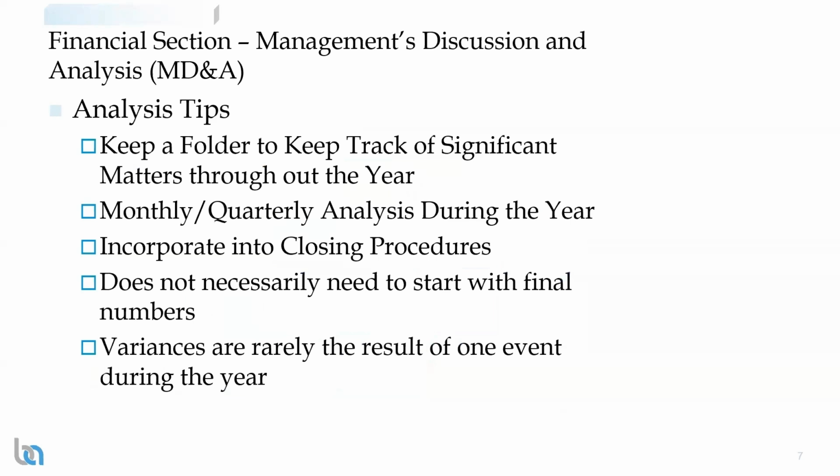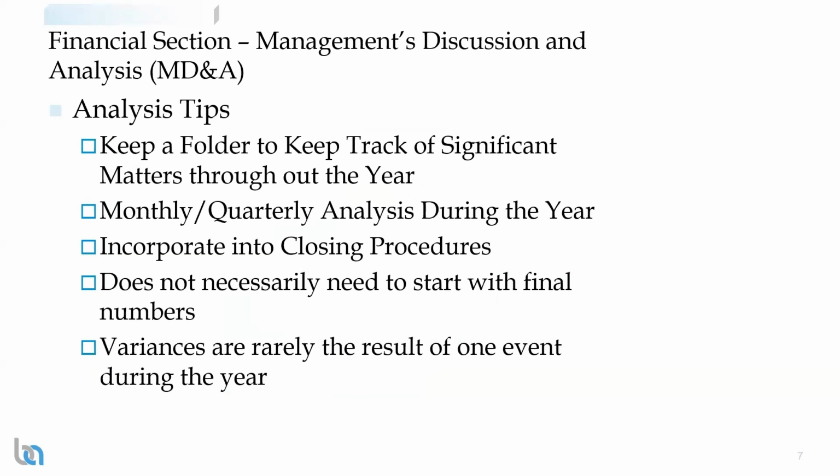All right. Just some tips which I got from one of our colleagues. They recommended that you have a folder, on your desktop or somewhere, just for your MD&A. Throughout the year, you have your financial updates that you need to prepare, and significant staff reports that you prepare for council.